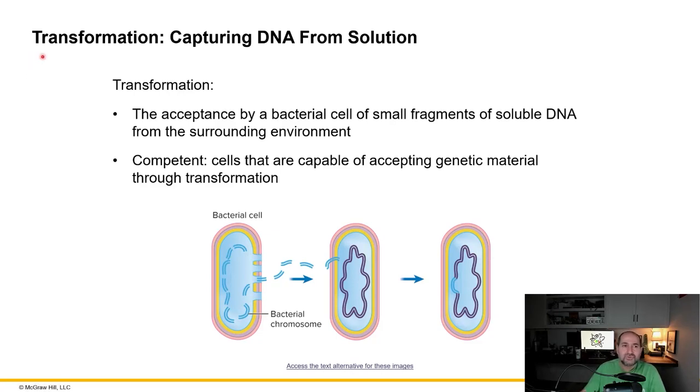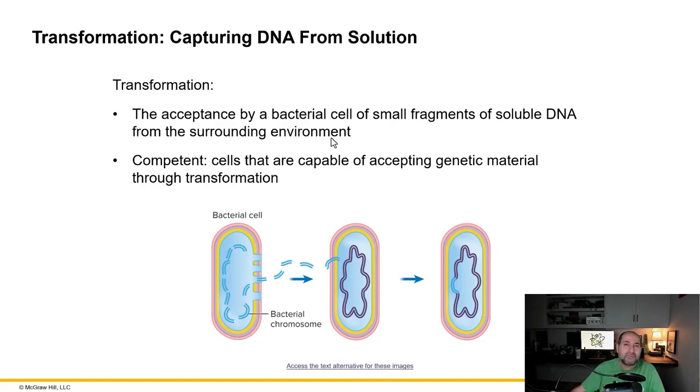This type is called transformation, and it involves capturing naked DNA from the solution, the environment. During transformation, a bacterial cell will accept small fragments of DNA from the surrounding environment. So imagine taking DNA out of the environment and then incorporating that DNA into your own.